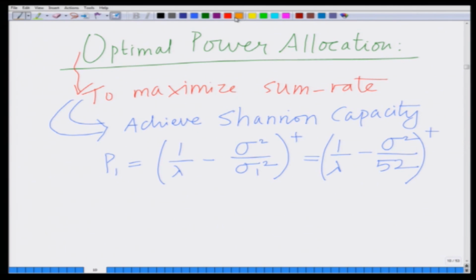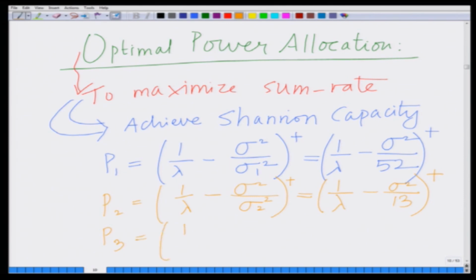Remember, the plus sign indicates the quantity is retained if the quantity inside the brackets is greater than 0, and it is equal to 0 if the quantity inside the brackets is less than or equal to 0. Okay. And similarly, P2 equals 1 over lambda minus sigma square divided by 13, plus.